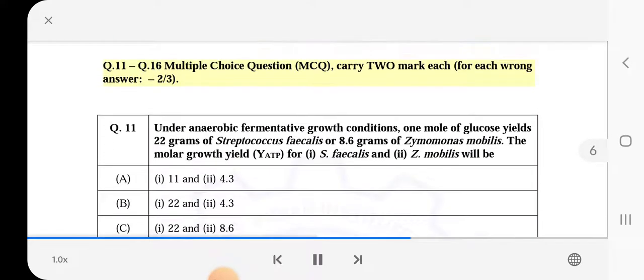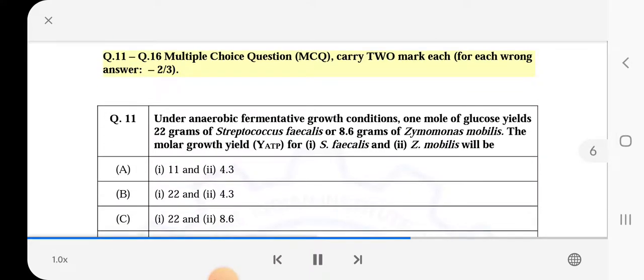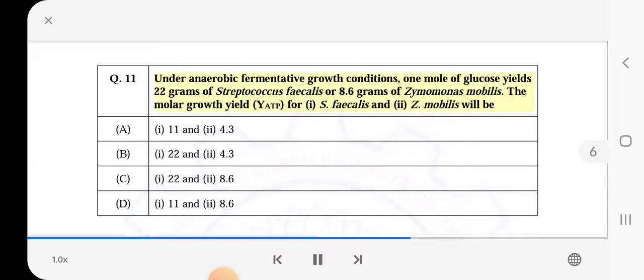Q.11 to Q.16, multiple choice questions, MCQ, carry 2 marks each; for each wrong answer, 2/3 is deducted. Q.11 Under anaerobic fermentative growth conditions, 1 mole of glucose yields 22 grams of Streptococcus faecalis or 8.6 grams of Zymomonas mobilis.